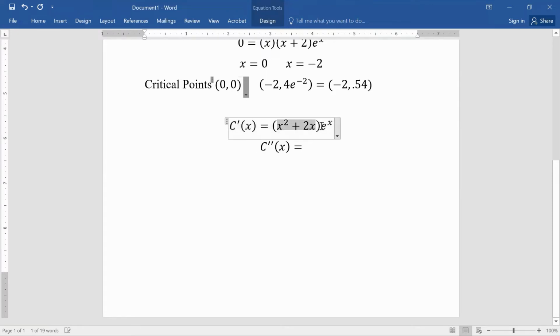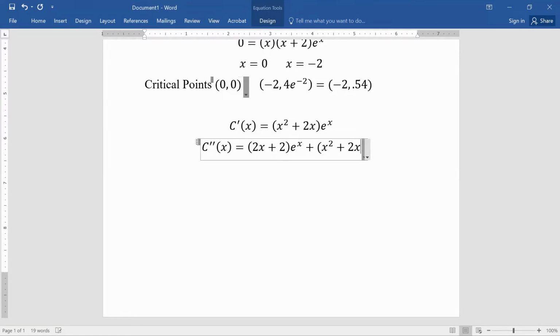First, take the derivative of the first component, so 2x plus 2 times my normal second component, plus the normal first component multiplied times the derivative of the second component. The derivative of the second component is once again e to the x.